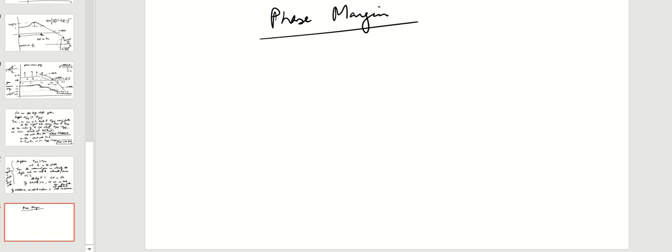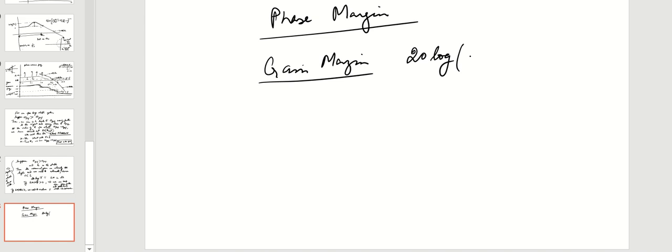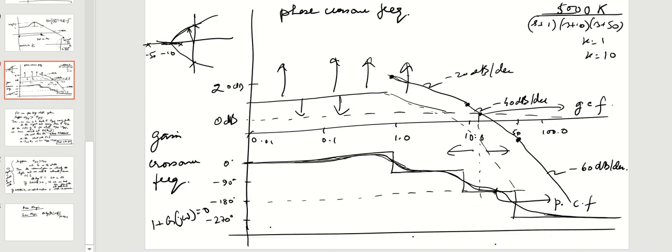So, we've seen that gain margin is evaluated by taking 20 log of the magnitude |G(jω)|, which is M(ω), at ω equal to ω_PCF.